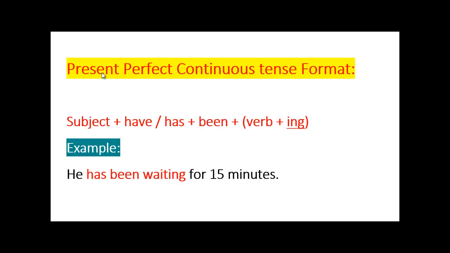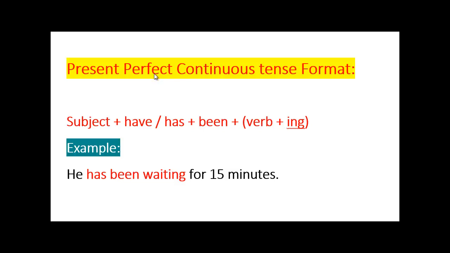Again, with the present, we know which tense we're going to use for the verb to be or for verb to have. Present, have and has for perfect, and is and are for verb to be. Past is was and were for verb to be, and for the perfect we have had.